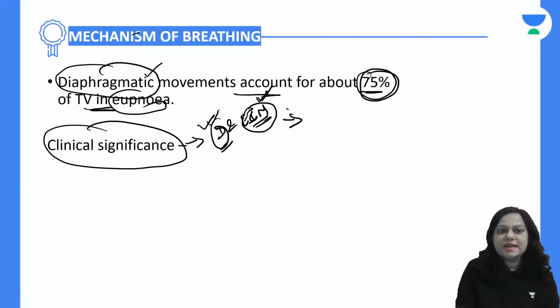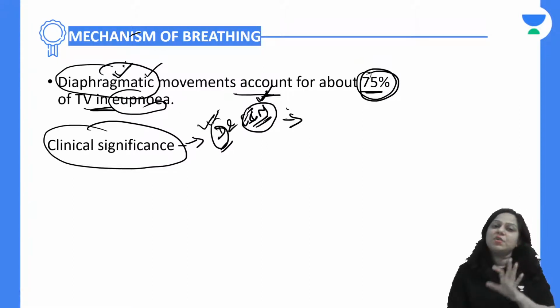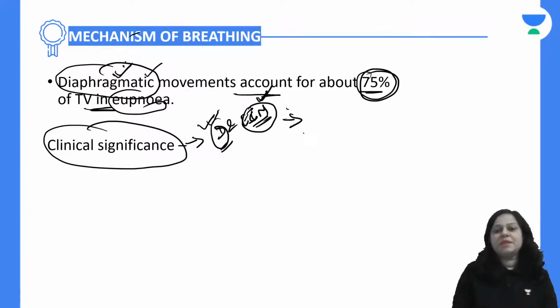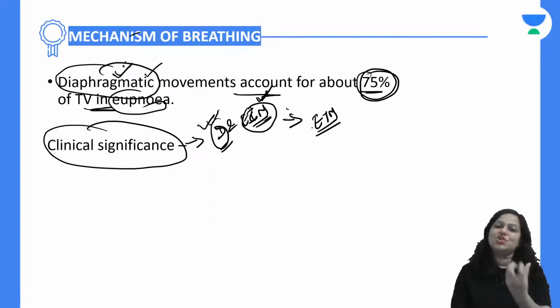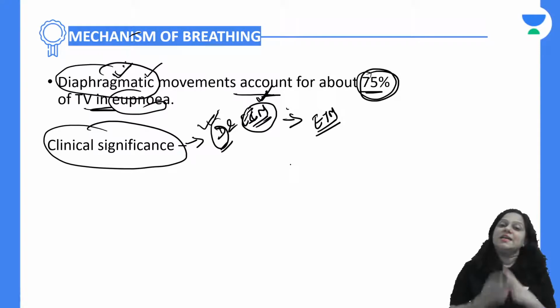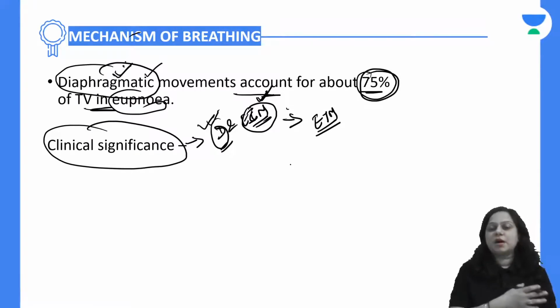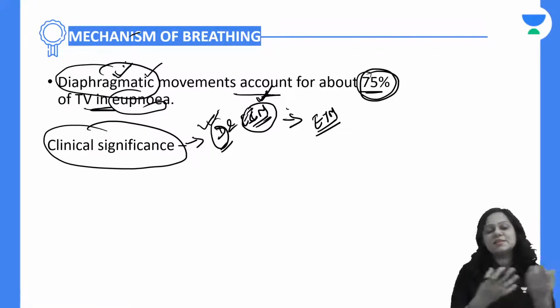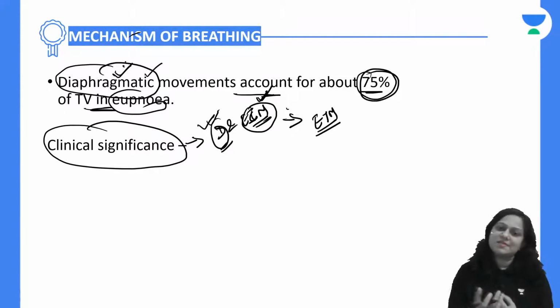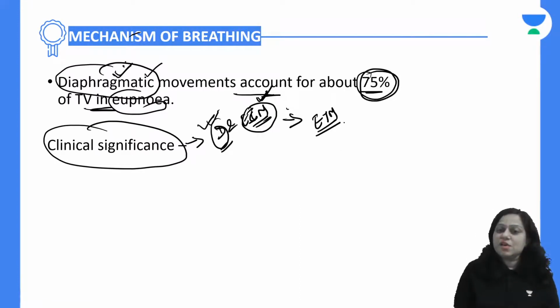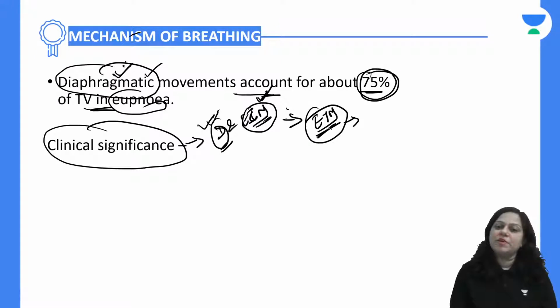It means that if there is a diaphragmatic paralysis, then also adequate ventilation can be maintained by simply moving the external intercostal muscles. Though it will need more effort, it will cause adequate ventilation, and adequate ventilation will be maintained simply by movement of the external intercostal muscles.